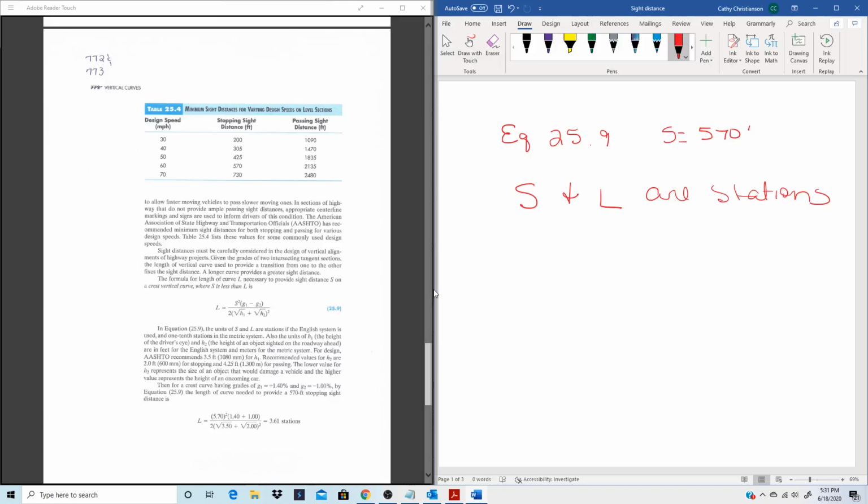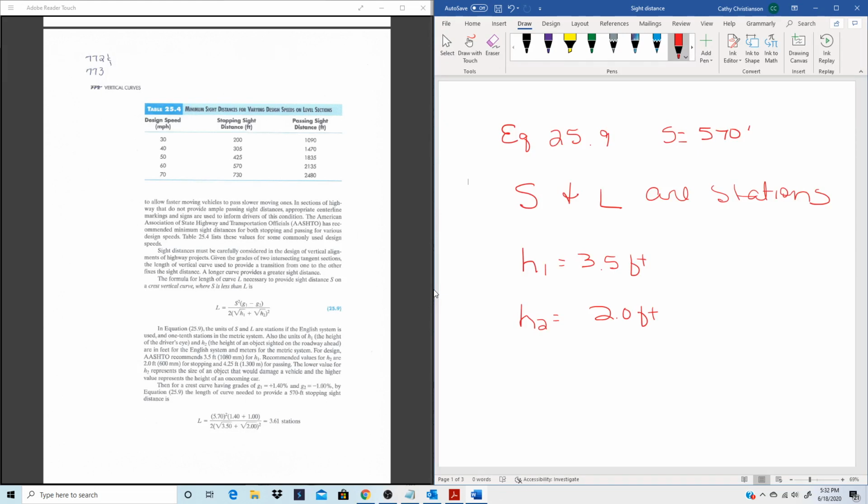Alright, so AASHTO has some recommendations. They recommend that H1 is 3.5 feet. H2 is going to be 2 feet. These are going to be constants based on what AASHTO recommends the distances being.